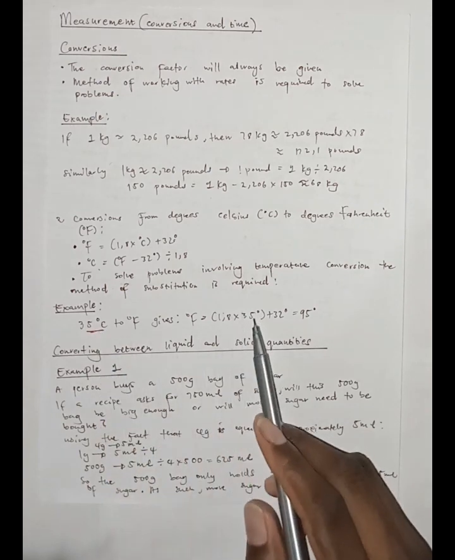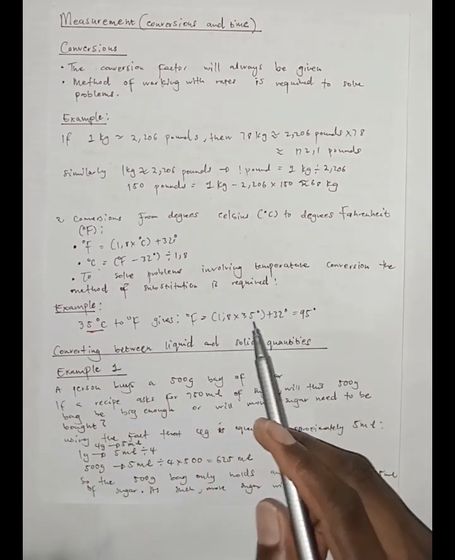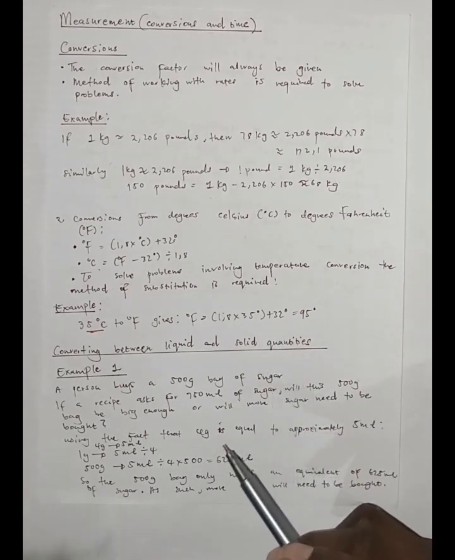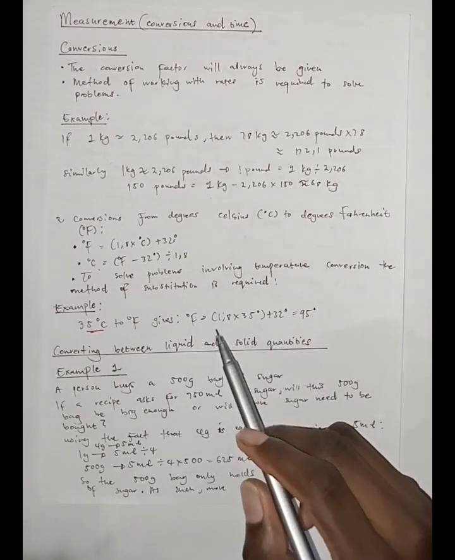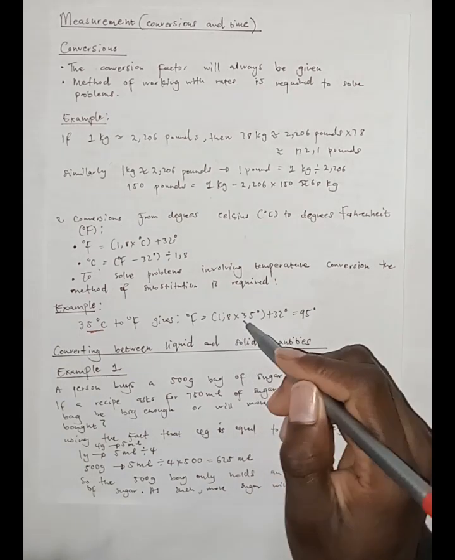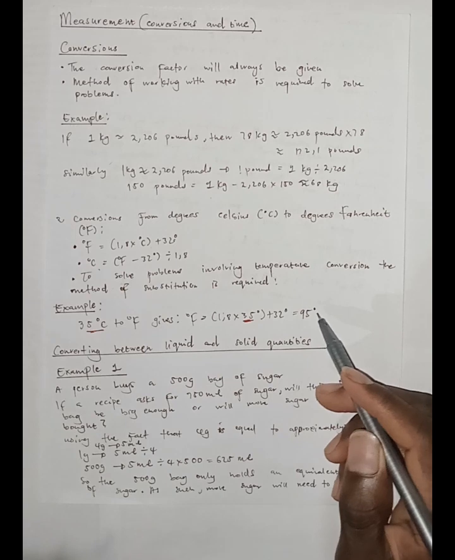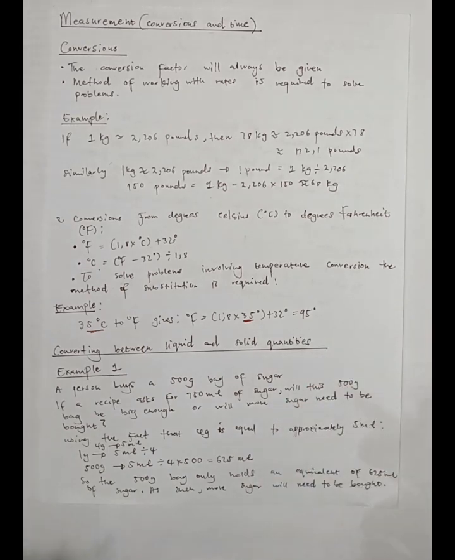That's why we can substitute it into the equation. So degrees Fahrenheit is equal to 1.8 times 35 degrees plus 32 degrees, which is equal to 95 degrees. I hope you're clear on that one.